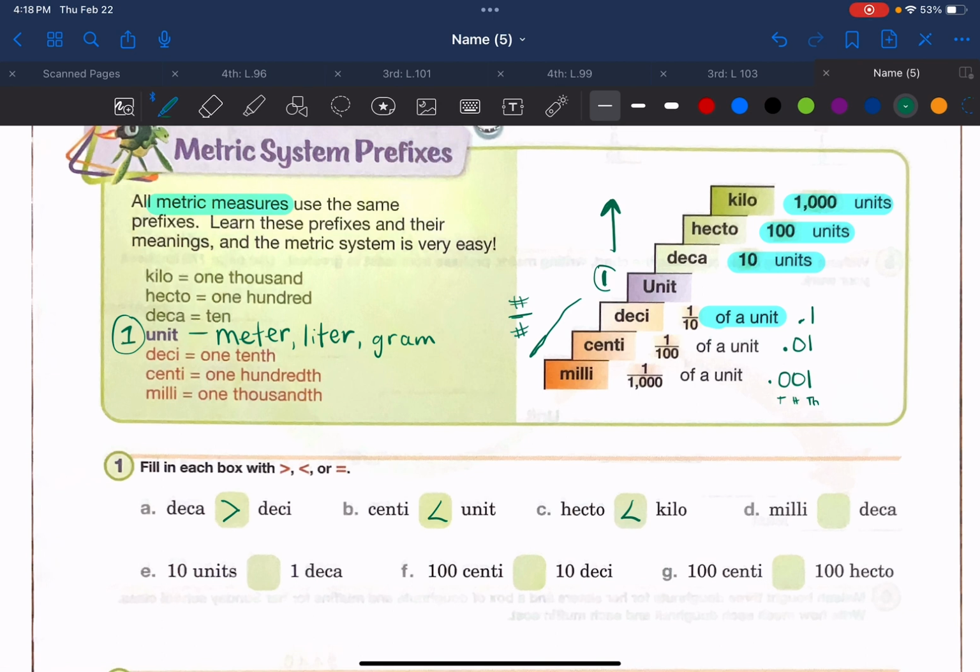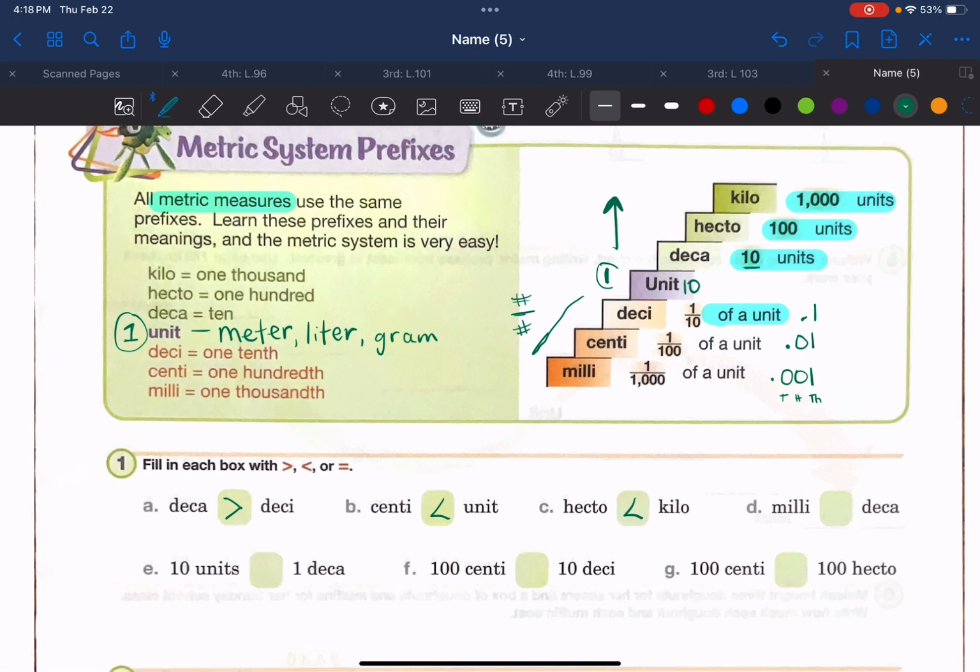Now, here's where it gets hard. When you start adding powers of 10. So this first one, we have 10 units. So that means if I have a 10 right here compared to 1 deca. Well, 1 deca is 10 units. So if I have 10 units, it means I made it to 1 deca, so that is equal.